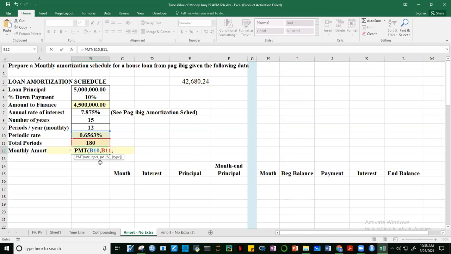Kaya sabi ko kanina, ito yung mga relevant na values na kailangan natin. Ano yung PV natin, guys? 4.5 million. Okay? FV, wala tayong FV. Type, it's always annuity ordinary. So 0 yan. Or pwede nating i-delete na lang yung last two elements. Okay? So what do we get, guys? Paki-chat kung ano yung value na kuha natin.